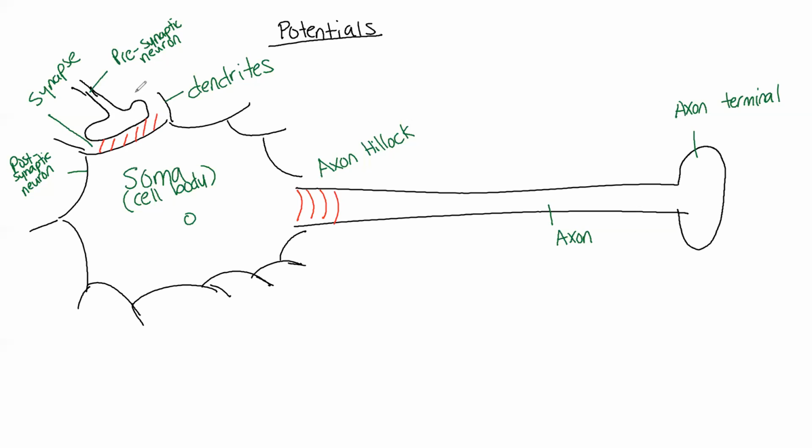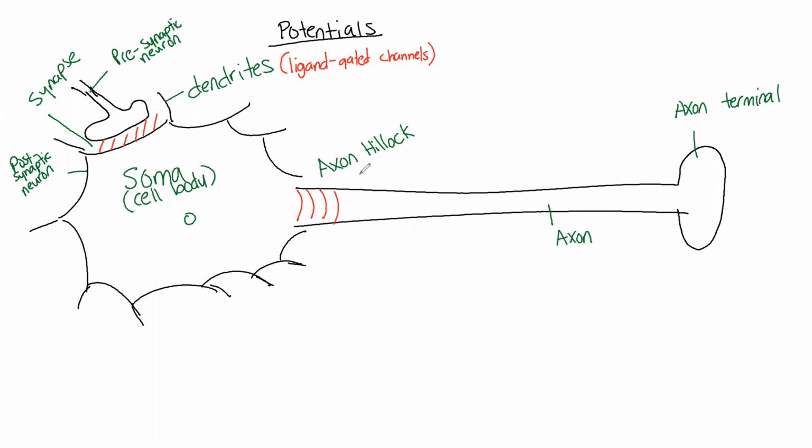Let's look at some of the channels seen in different regions of the neuron. At the dendrites, we're going to have ligand-gated channels. If you think about what the word ligand means, it means something that binds. So a ligand-gated channel will only open when some specific molecule binds to it.